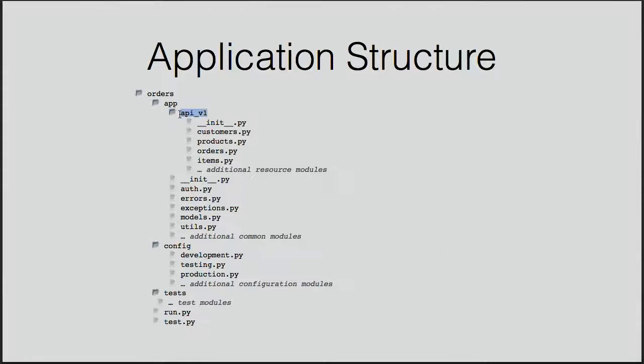Now, this version does not need to change every time you release a new product out. It only needs to change when you need to introduce backwards incompatible changes. So API v1 could be very well an API that lasts for several major versions of your project. But once you need to change something in a way that will break clients that expect to use the older API, then you can leave API v1 for those older clients and then add another package here that's going to be API v2.